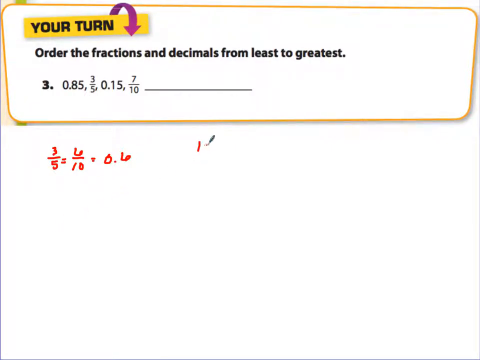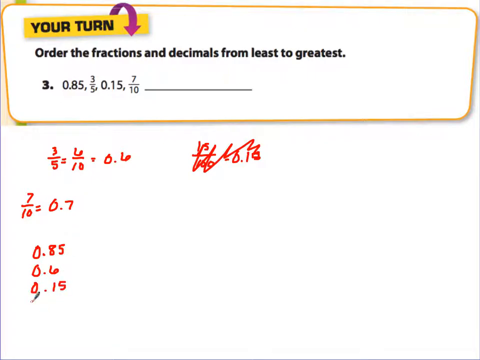And then 15/100 would be equal to 0 and 15/100. 7/10 is already with a 10, so we have 0 and 7/10. So I have 0 and 85/100. I have 0 and 6/10. I have 0 and 15/100. And I have 0 and 7/10.